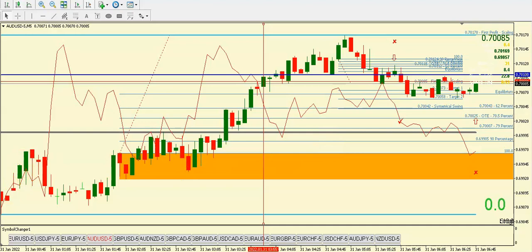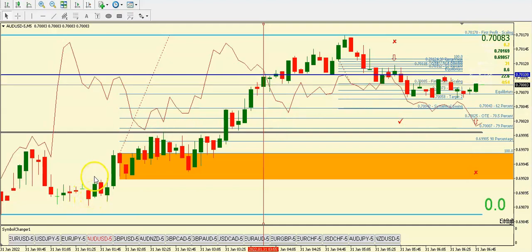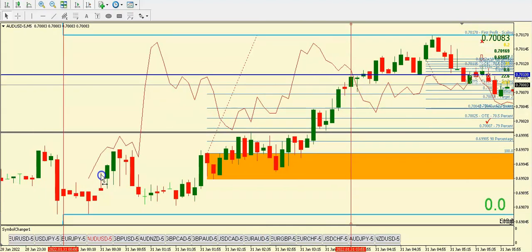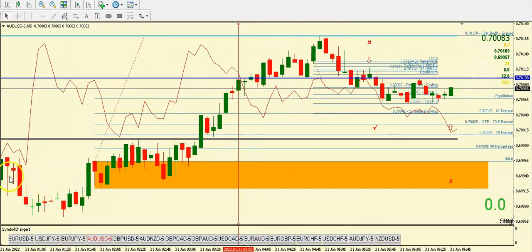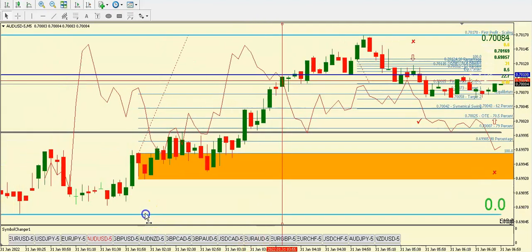Now I am looking over here, low, high, low, higher low. This is a mitigation block, and as you see, mitigation blocks, price likes to sit on them sometimes, bounce around, launch off, and then it will return to the mitigation block. So these bodies of these candles, the mitigation block, that's the whole thing.